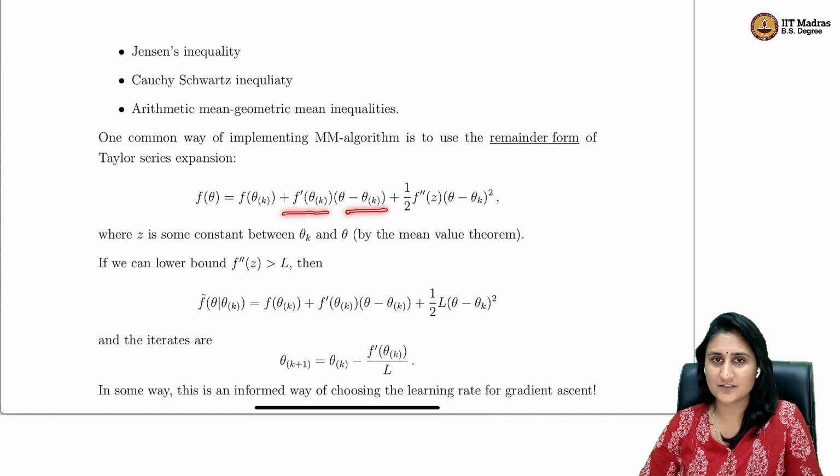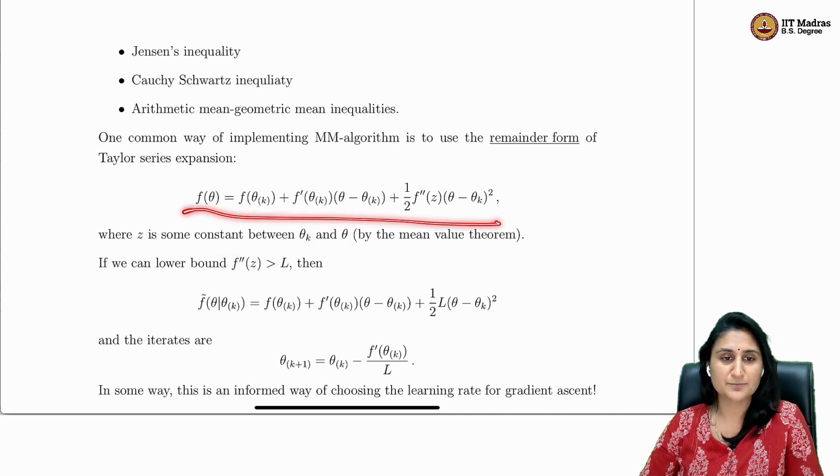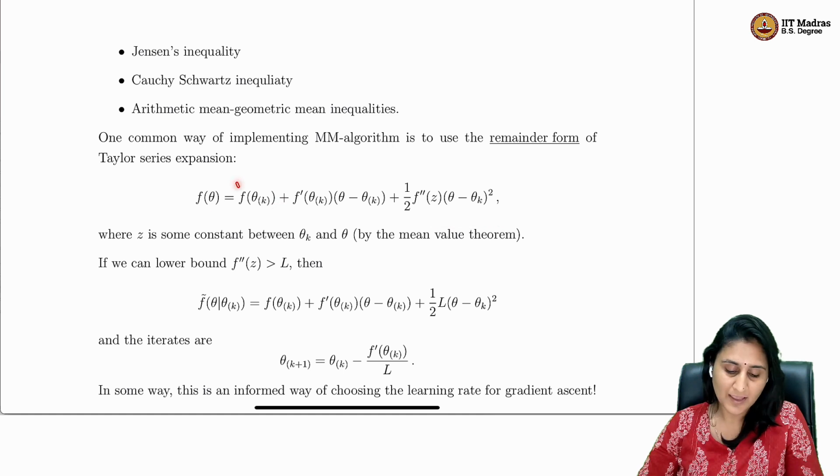That's the first order Taylor series, plus a second order term that has the component f double prime z, where z is some constant between theta k and theta. And when I use this remainder form, there is exact equality. Okay, and that is because I'm saying there exists some constant z between theta k and theta for which this will hold exactly.